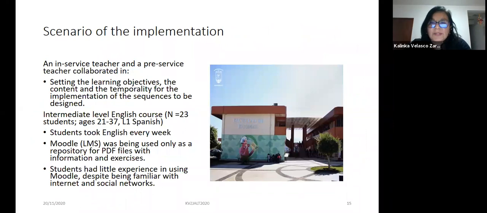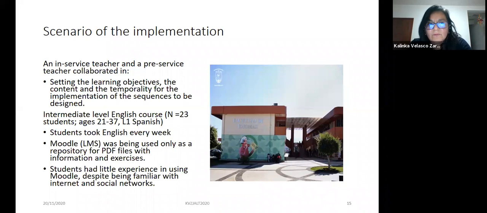So this experience was set in a university in Mexico, a state university where I work. I was involved in part of the design of the study, but also an in-service teacher and a pre-service teacher collaborated in setting the learning objectives, the content, and the temporality for the implementation of the sequences to be designed.